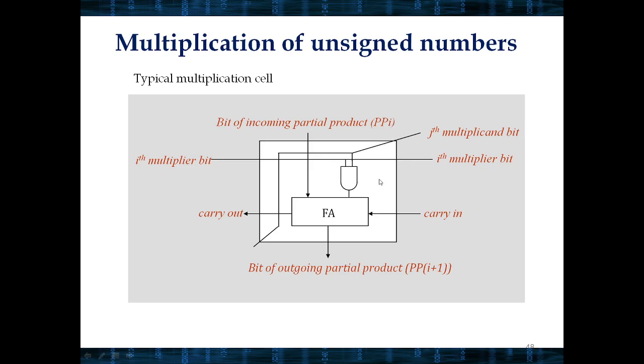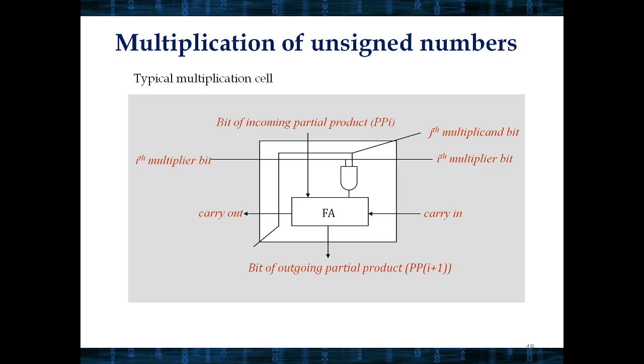Here each row adds the multiplicand to the incoming partial product PPi, that is nothing but a bit of the incoming partial product. The output going from this cell is the bit of the outgoing partial product, PPi plus 1, which is going out of the cell to the next stage.